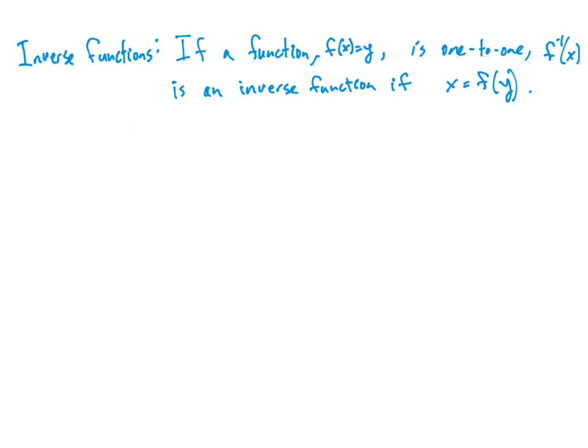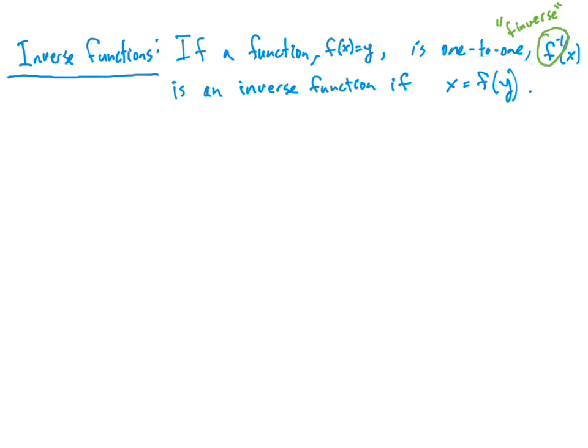So let's move on to what it means for a function to have an inverse. If a function, f of x equal to y, is 1 to 1, so that's what we were just talking about, f inverse of x is an inverse function if x is equal to f of y. So this notation, f with negative 1 as the exponent, we say f inverse. So if a function is 1 to 1, we can find its inverse function.